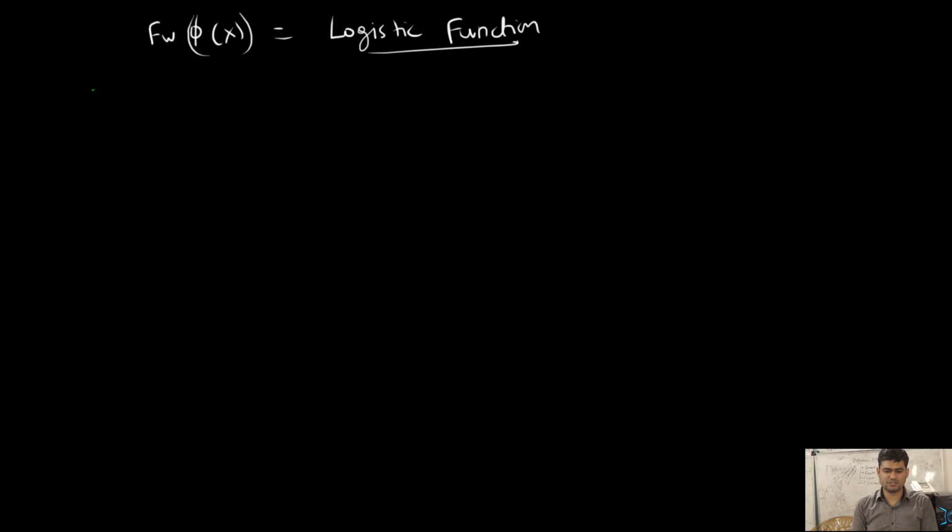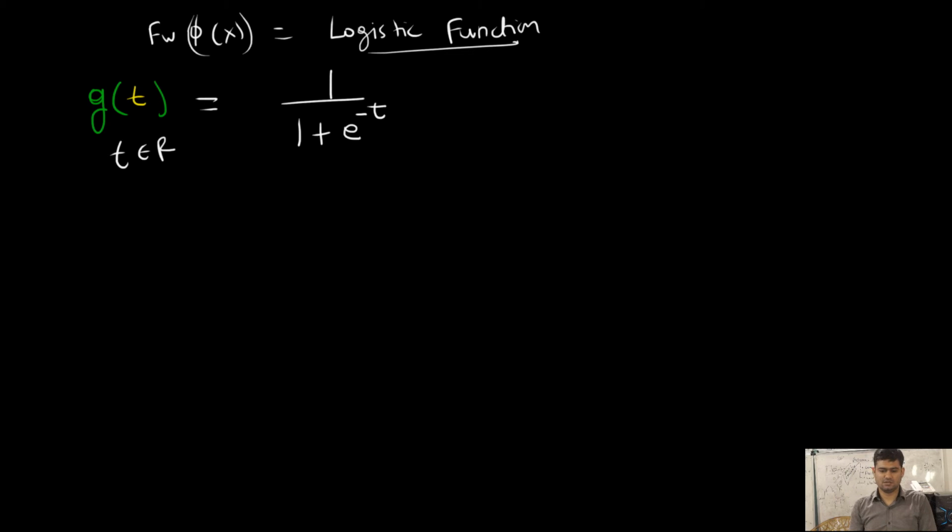A logistic function g of its argument t, where t is a real scalar, is simply 1 over 1 plus e to the power negative t.